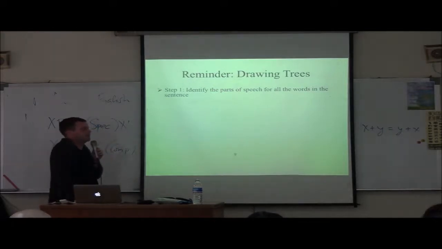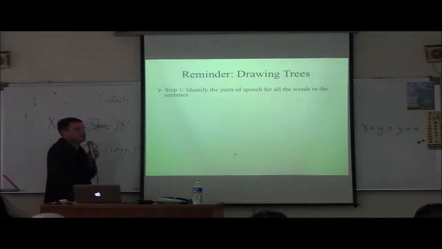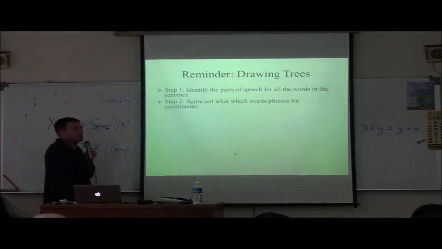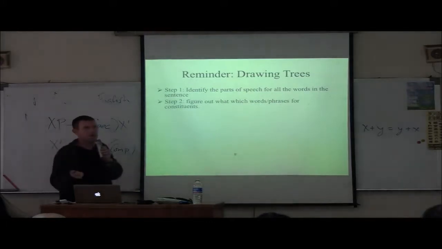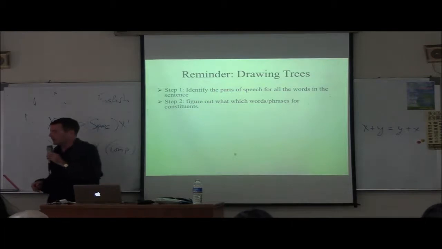I think most of you seem to like to work from bottom to top. So if you want to start at the bottom, you draw a tree by first identifying the categories of each lexical item. So what part of speech is each word? So a man with a stick is a D, man is an N, with is a P, is another D, stick is an N, and so on.